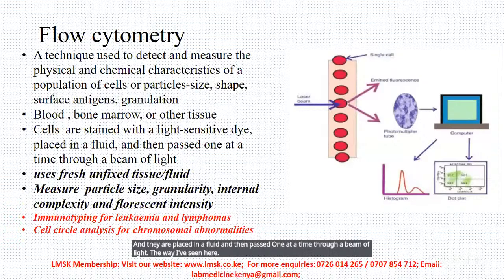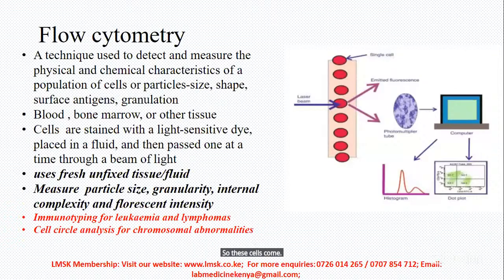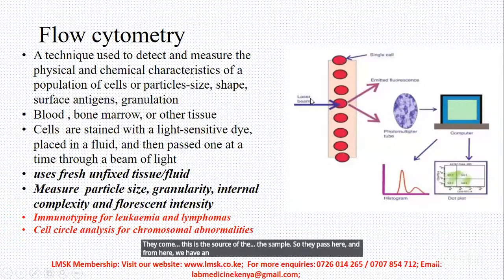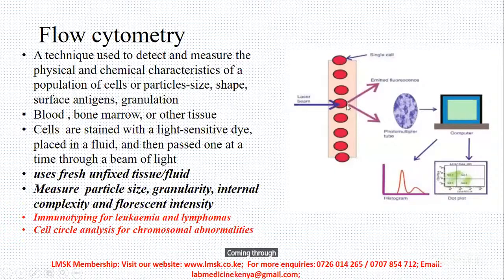So these cells come through this pipe. I don't know if you're able to see. This is the source of the sample. They pass here, and from here we have an opening where there's a beam of light coming through. As they pass, each is identified based on the size, the granulation, the surface markers, such that they disperse a certain beam of light like this one.